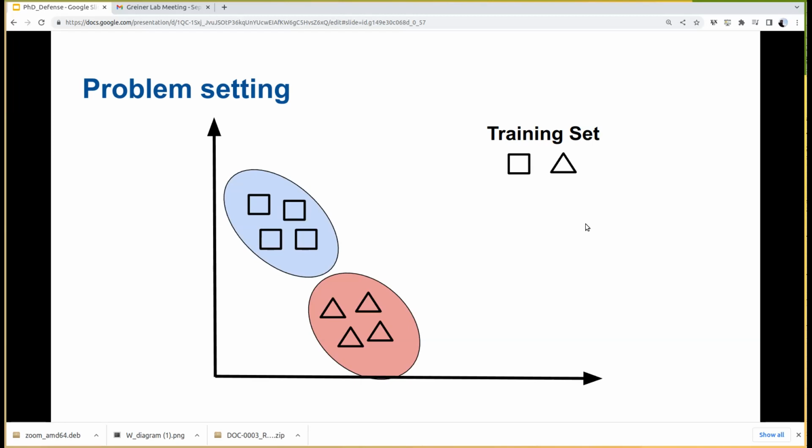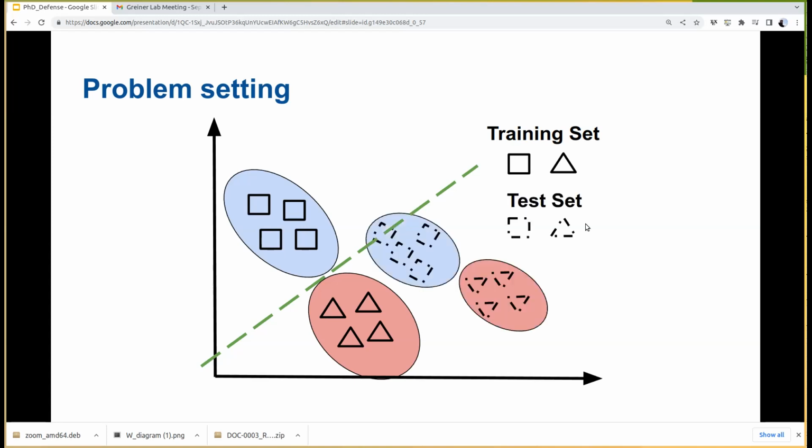Imagine that you want to build a classifier that distinguishes between the blue and the red figures, the squares and the triangles. So you have your training set, then you build your classifier. It works very well, even if you did the things properly, like separating the training set into training and validation, or if you do cross-validation, even if you do the things properly, you can have a classifier like this.